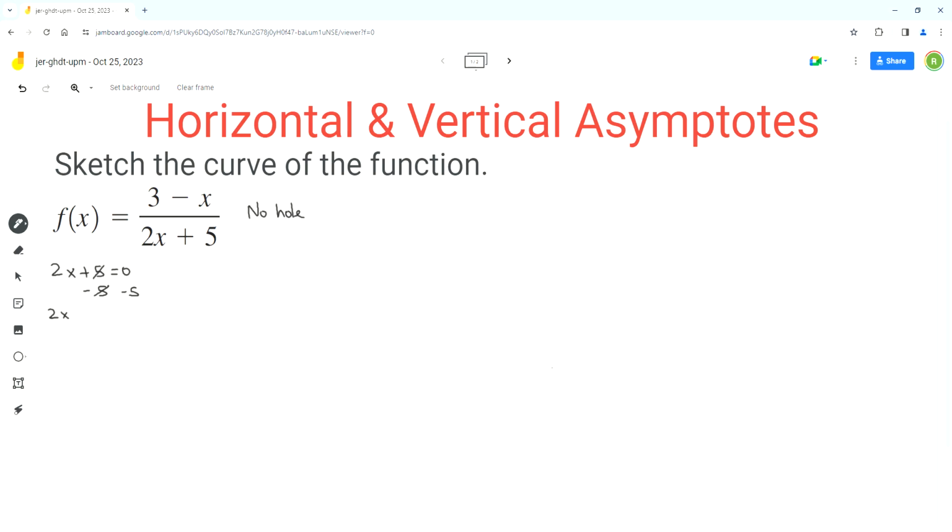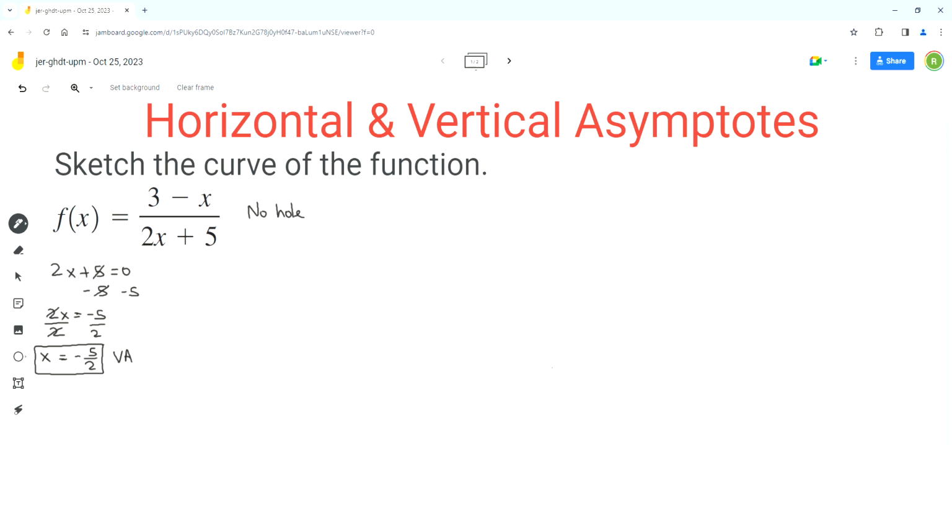So we get 2x equals -5. And now we can divide both sides by 2. So the 2's on the left side get cancelled out. So we get x equals -5 over 2. So this is the equation of the vertical asymptote in this rational function.